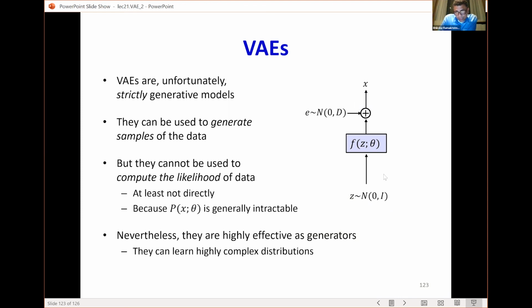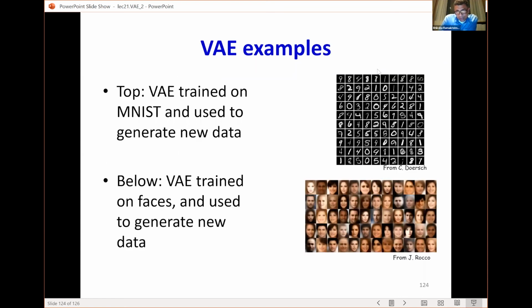So for that, you would be sampling from Z, a standard Gaussian, and putting it through F, and you'd be getting new samples. And what do they look like? Here, this is from Carl Dersch. He trained a VAE based on MNIST and then generated random samples from it. You can see it actually looks like characters from MNIST.